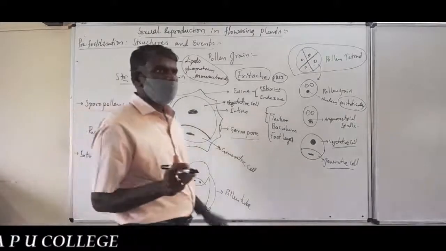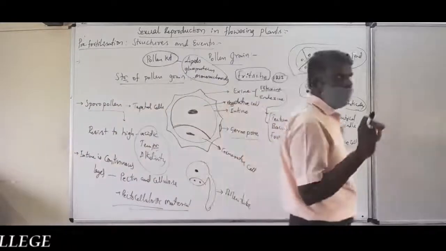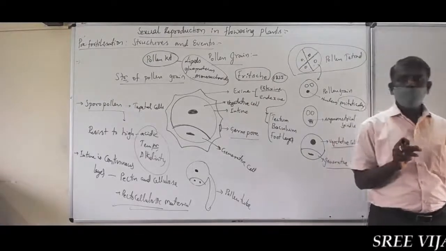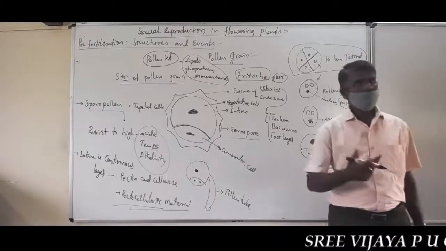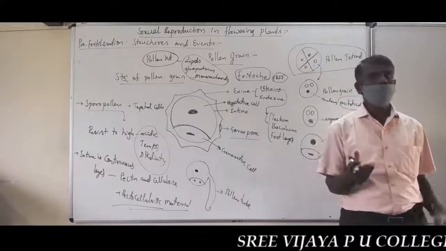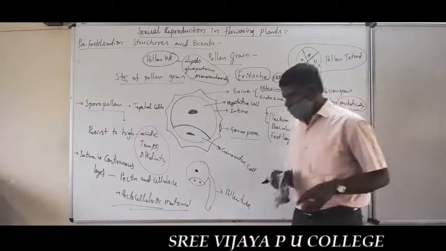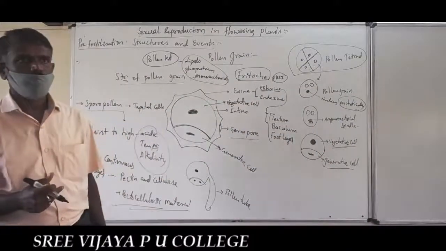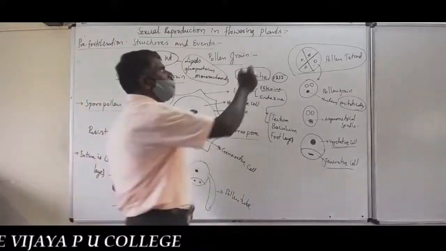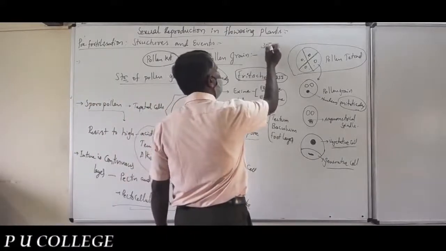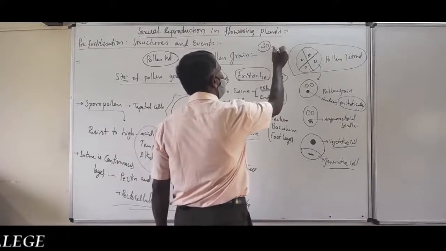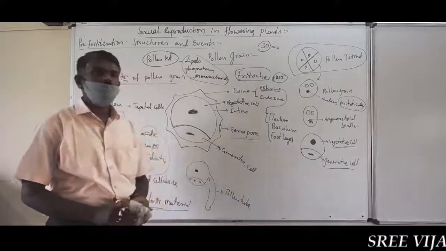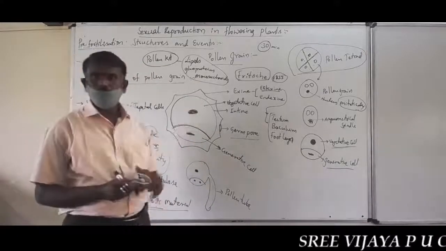Once a pollen grain is released from the flower, what is the time it remains in viable condition? That is, the surviving condition externally. For example, in rice and wheat or paddy, the pollen viability is only 30 minutes.